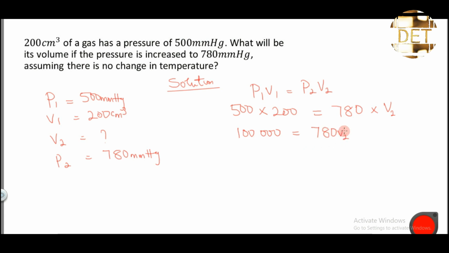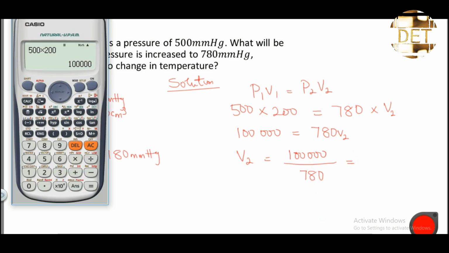So to get the value of V2, I will have to divide both sides of the equation by the coefficient of V2, which is 780. So my V2 will be equal to 100,000 divided by 780, and that will be equal to 128.